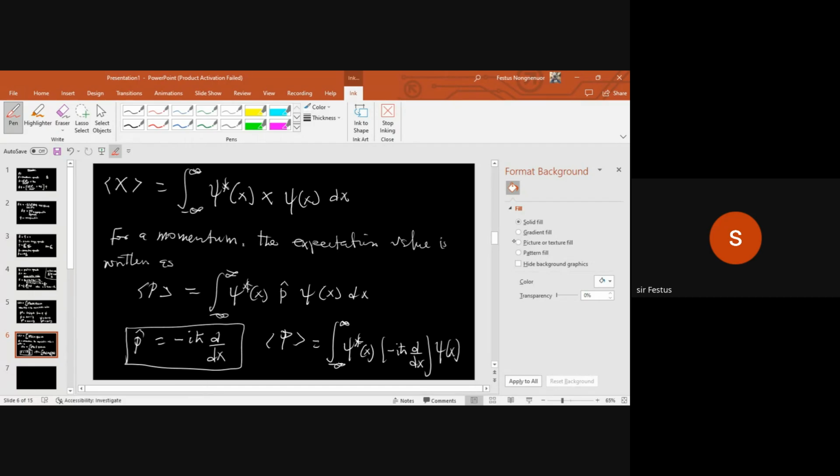Okay, so it means that you're going to take the differential, but you don't apply that to the conjugate part, because the conjugate part is written before your operator. Once it is written before, it means that it's just a multiplier. It's not operating on it. Okay.